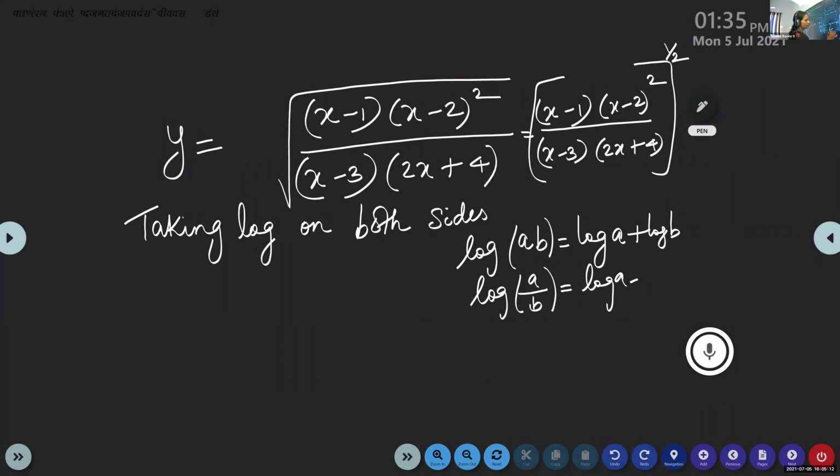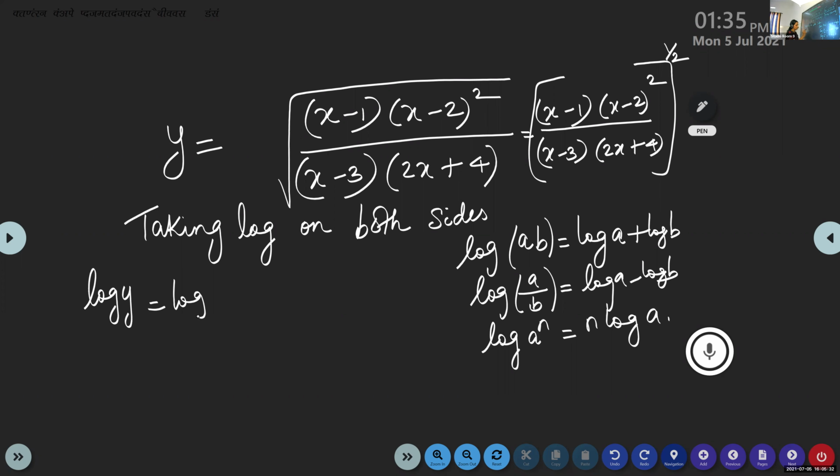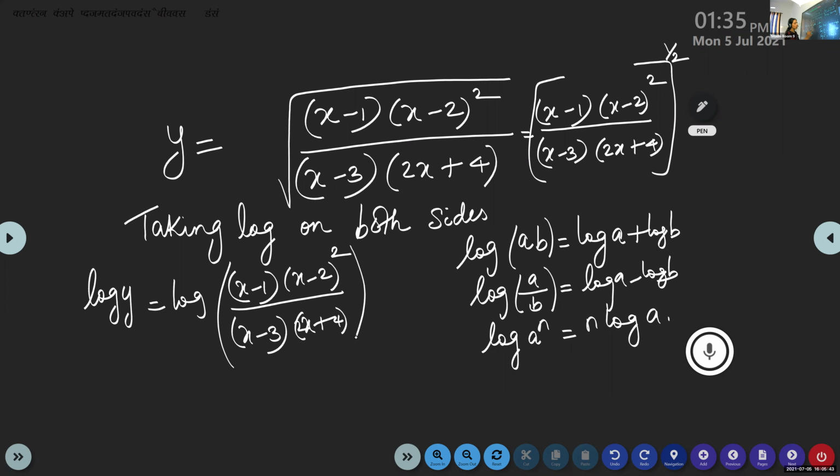What is log of a raised to n? n log a. We can use these properties. So log y is equal to log of (x minus 1)(x minus 2) the whole square by (x minus 3)(2x plus 4), whole raised to half.